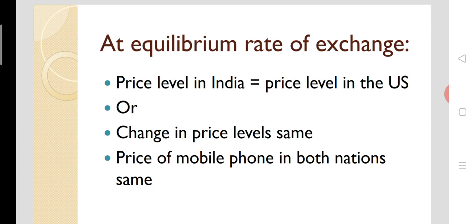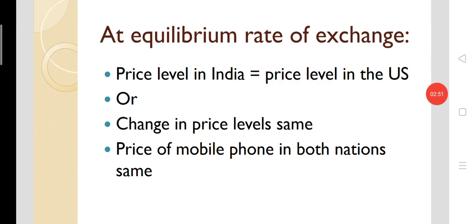When 9,000 rupees is the price of a mobile phone in India, the same brand, same commodity would be priced with equal value of 9,000 rupees, but it will be represented in their own currency. So to speak, the price of the mobile phone in both nations would be the same as per the purchasing power parity theory.